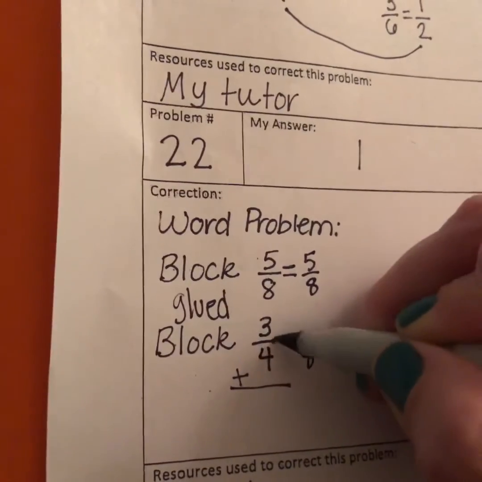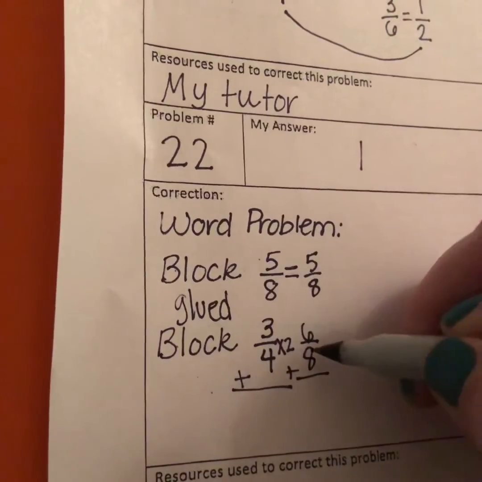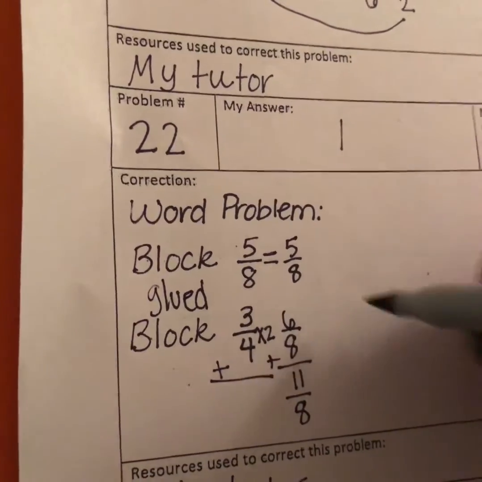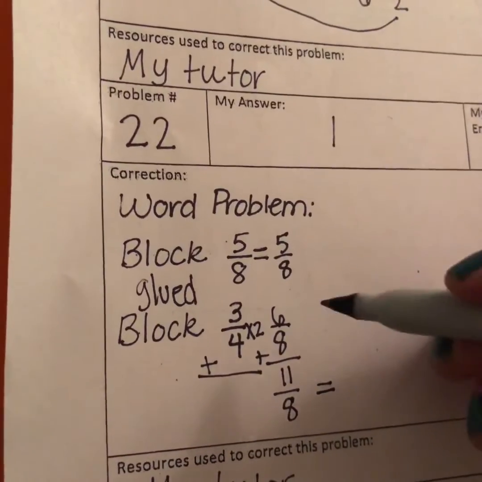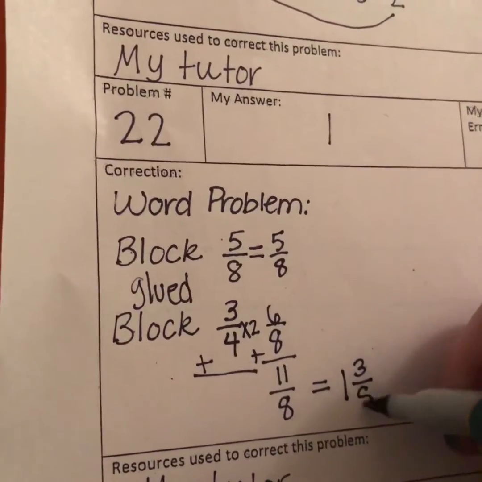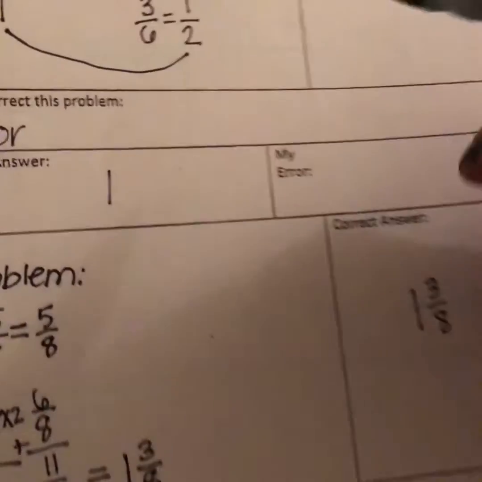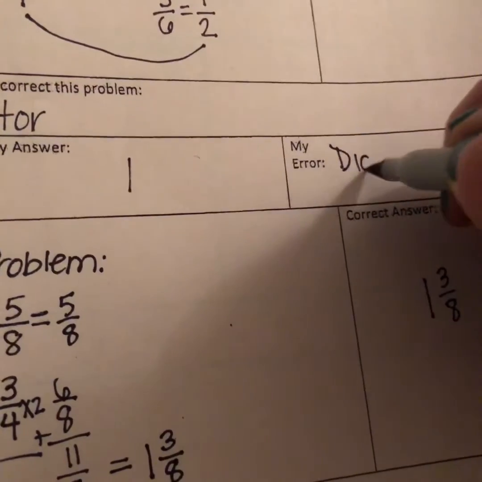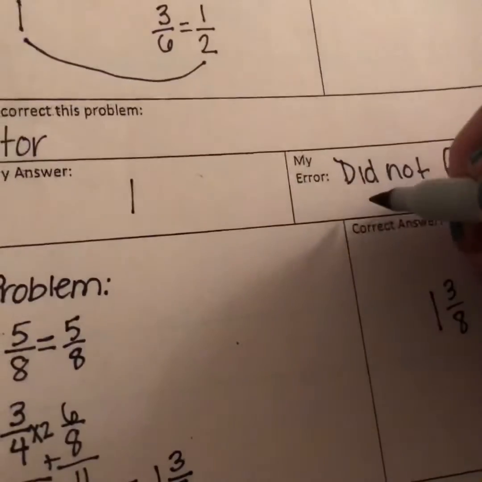So this is going to be an 8 multiplied times 2, that's 6. So 5 plus 6 is 11/8. And then we need to make that into a mixed number. So 8 goes into 11 one time, with 3 left over 8. Okay, so it's 1 3/8. And again, it looks like you added without finding your common denominator. So did not find common denominator.